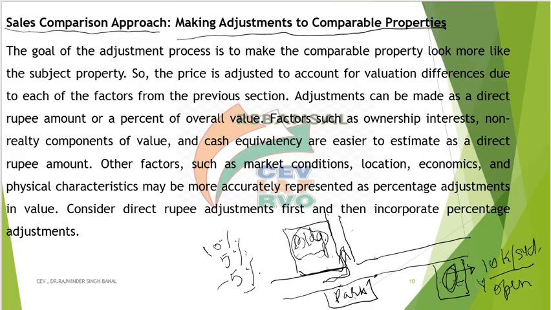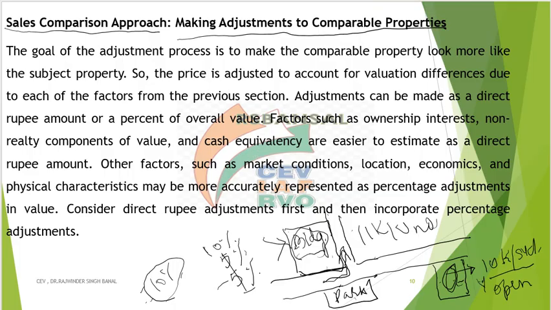Likewise, you can have many factors. Here the total increase is 10%, that is 10 plus 5 minus 5, and many more factors may be taken into account. So the per unit price of this plot will be 10,000 plus 10%, that is 11,000 per unit.